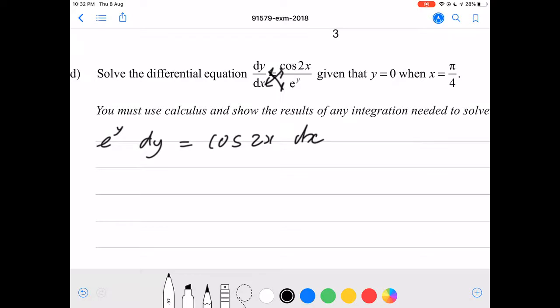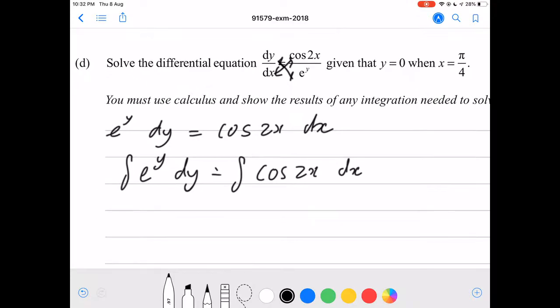And now we're going to integrate both sides. So the integral of e to the power of y dy equals the integral of cos of 2x dx. The integral of e to the power of y is just e to the power of y.